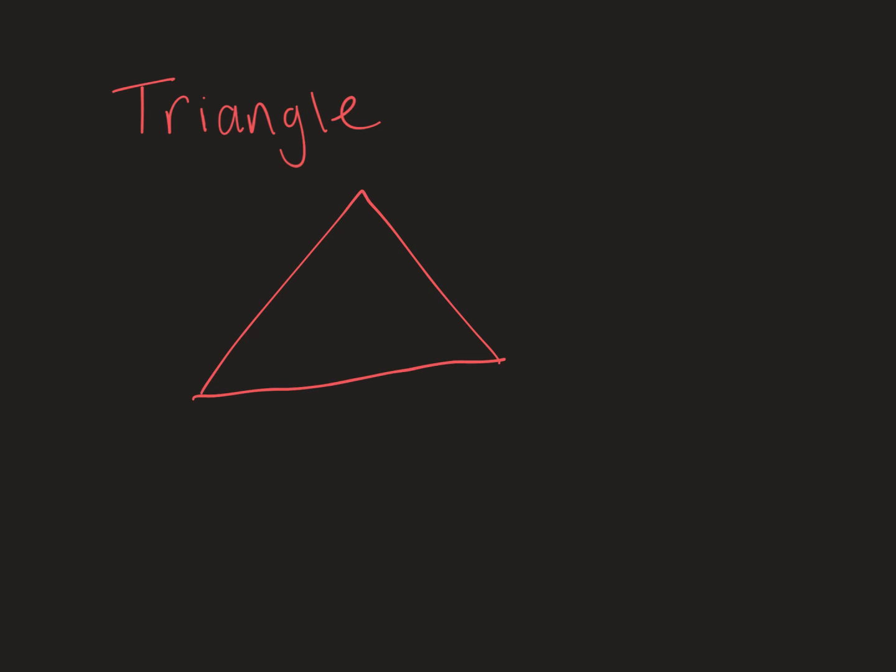And finally, we have a triangle. So triangle is base times height divided by 2. Again, the height of a triangle is going to be perpendicular and form a right angle. Right, so our height is here.